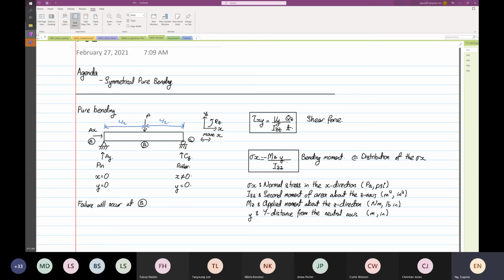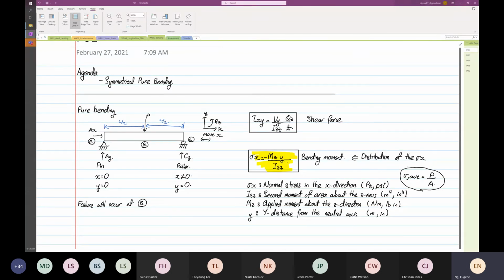It is not just the average value. Okay, so what do I mean by average value? If you calculate the average value, which you all know, average value is always force divided by cross-sectional area. Okay, this is where you calculate the average value. So the equation that we have over here, where stress X is equal to minus MZ Y over IZZ, we are calculating the distribution.